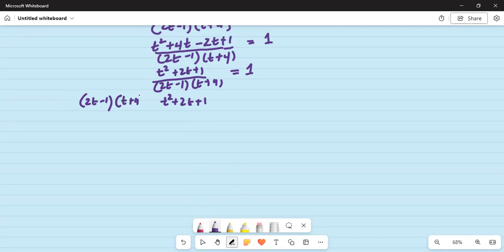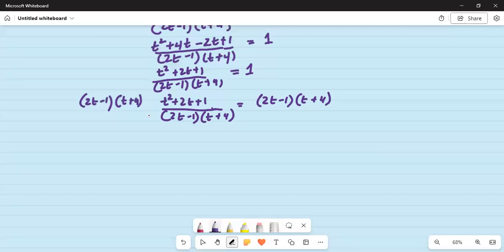Since I multiplied by 2t minus 1 times t plus 4 on the left-hand side, I have to multiply 1 by the same two terms on the right-hand side too.